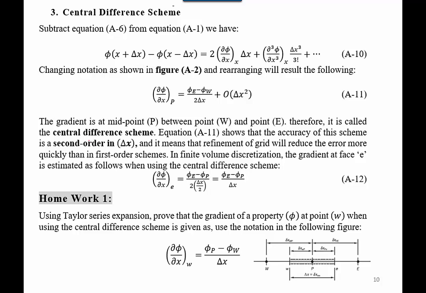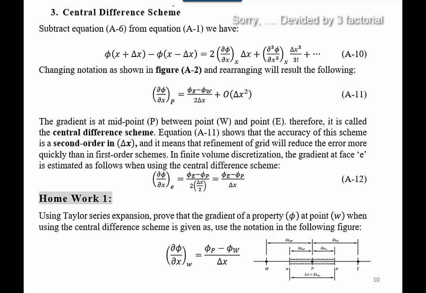Phi at x plus delta x minus phi at x minus delta x will be equal to 2 multiplied by d phi by dx at x multiplied by delta x plus the third derivative of phi at x multiplied by delta x to the power 3 divided by the factorial of 3 plus etc.